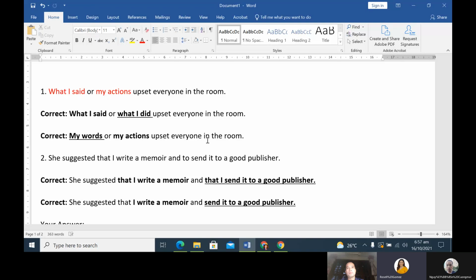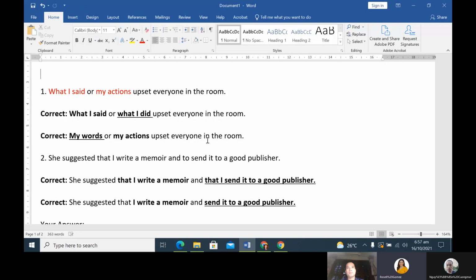Just like in constructing parallel structure, if you observe parallelism, then your sentence is organized, arranged, and good to listen to when you read it or say it, because everything is correct and in an organized manner. Just like when I say, what I said or my actions, it doesn't look good. When you listen to the sentence, it doesn't look good.